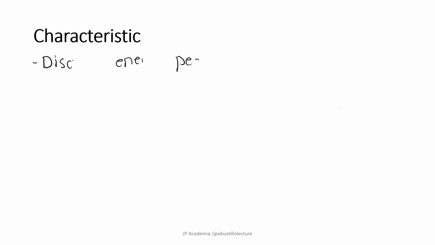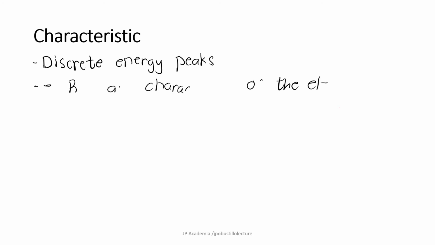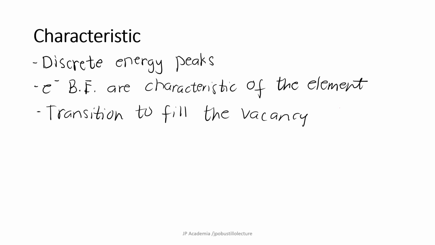It involves discrete X-ray energy peaks that depend on the target electrode and tube voltage. And we also have here the electron binding energies that are characteristic of the element. It depends on the target element, and it involves the transition of an orbital shell electron to fill the vacancy. And this is usually superimposed with the Bremsstrahlung spectrum.